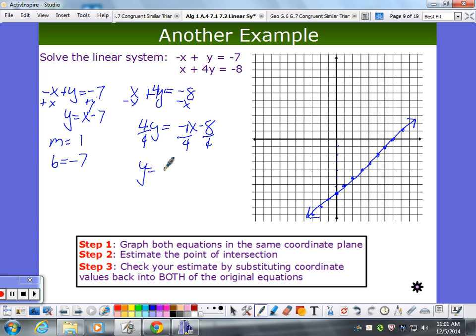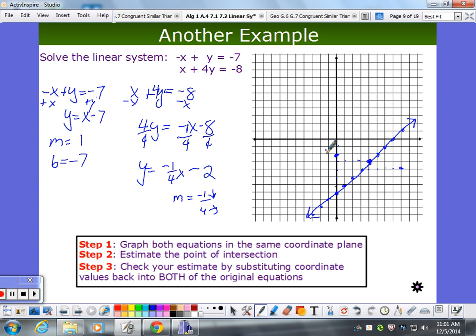I can see now that it's -1/4 x. Negative over positive is negative. 8 over 4 is 2. I think that's right. So I go to -2, and my slope is -1/4. So down and right. Down 1, right 4. 1, 2, 3, 4. See what's happening here? Down 1, 1, 2, 3, 4.